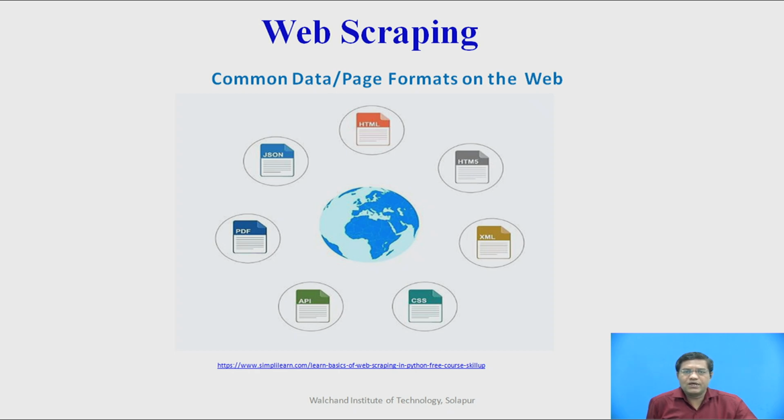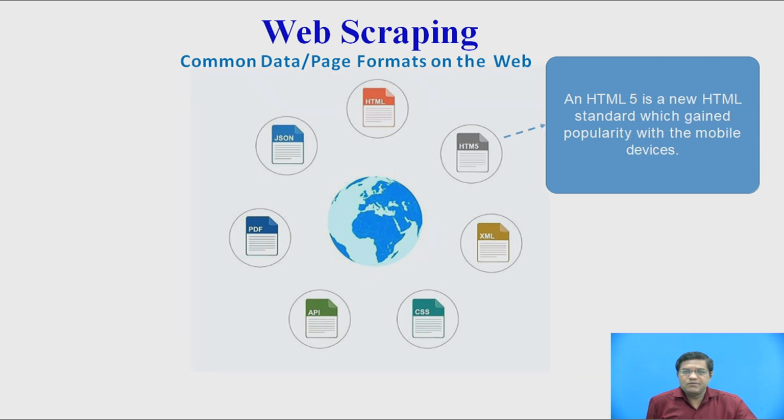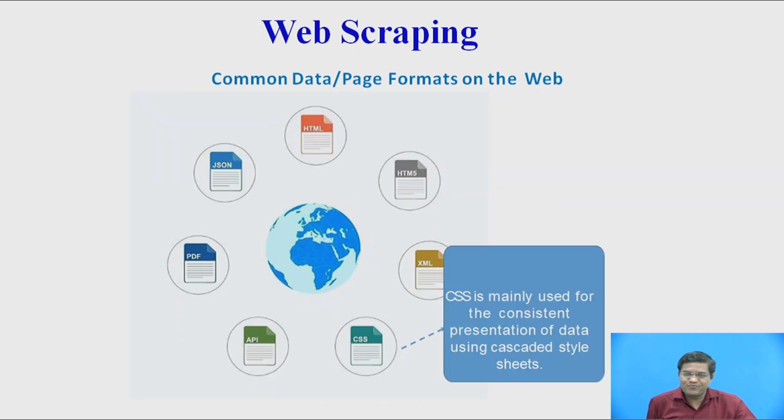Now, what are the different content types on the website? HTML is one of the oldest, easiest and most popular methods to upload information on the web. HTML5 is the new HTML standard, which gained popularity with mobile devices. XML is another popular way to upload your information on the web.